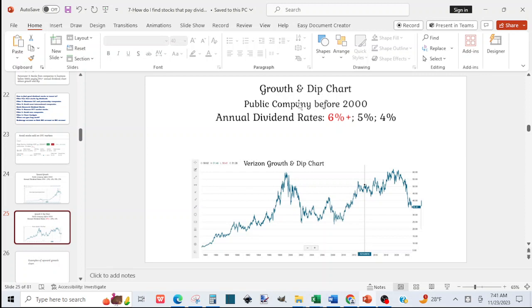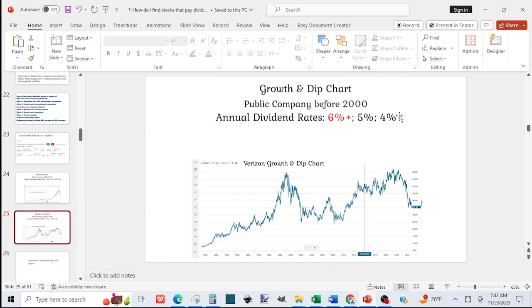That means they are selling stocks on the stock market exchange, NASDAQ or NYSE, and went public before 2000, and they pay 6% and up in annual dividend, or 5% or 4% minimum.